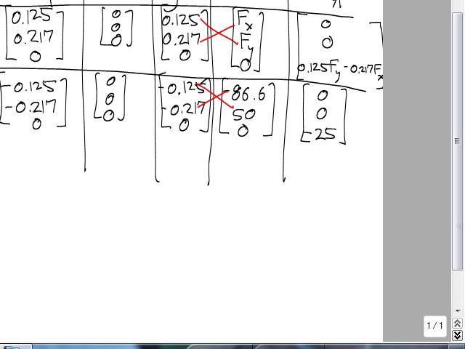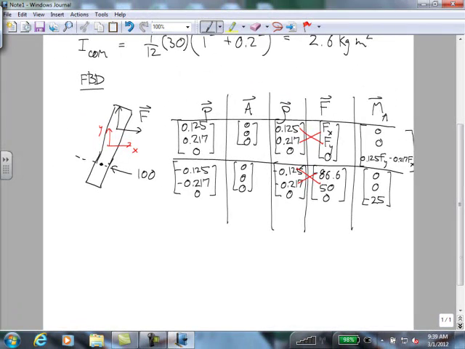Okay, so I'm going to use Newton's second law and the rotational Newton's second law. So add those two vectors up, that gives you the left side of Newton's second law. Add these two vectors up and it gives you the left side of the rotational equation.